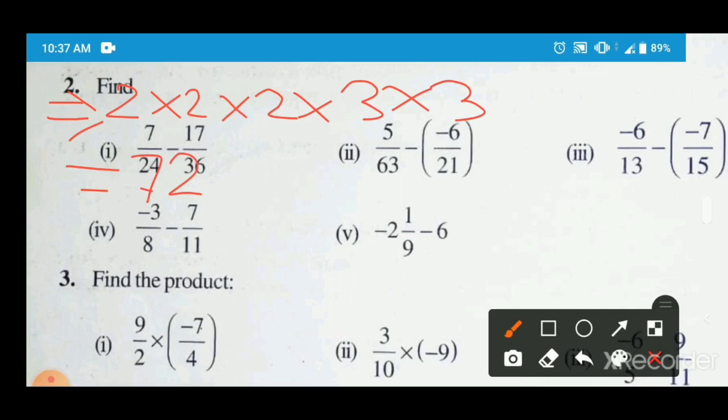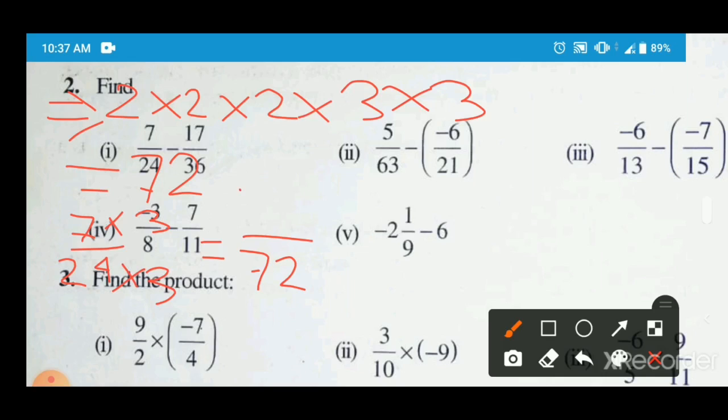Now the given fractions are 7 upon 24, and now we need 72 in the denominator, so we multiply 24 by 3 and the numerator 7 is also multiplied by 3 because we always multiply the numerator and denominator with the same number.